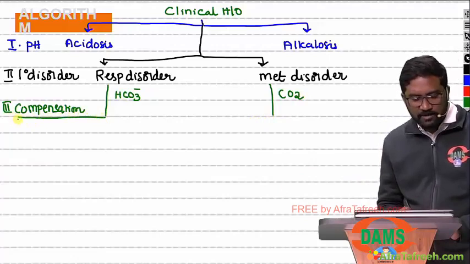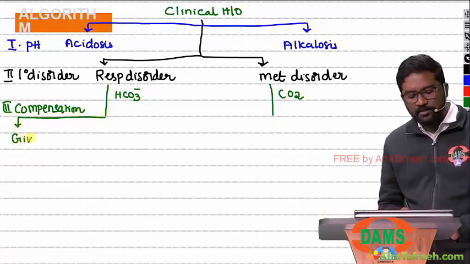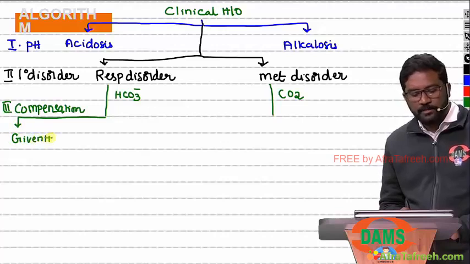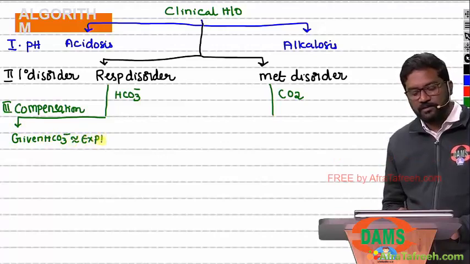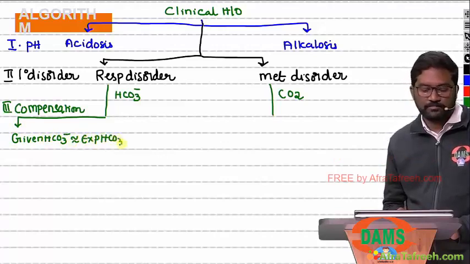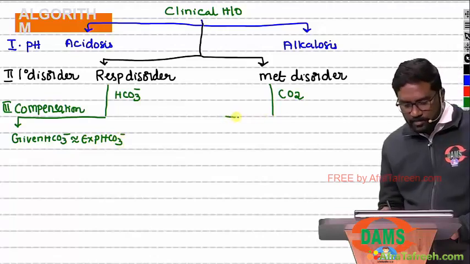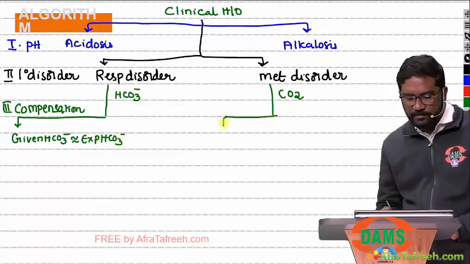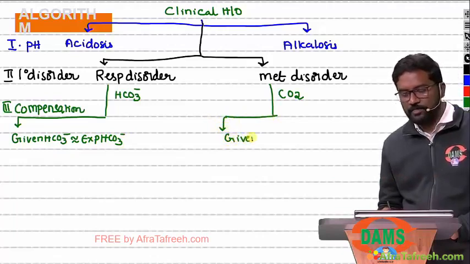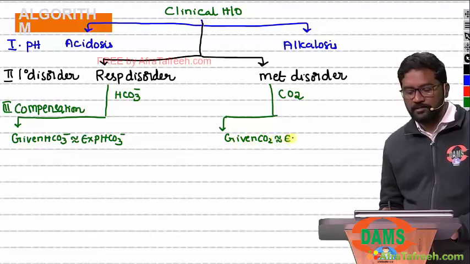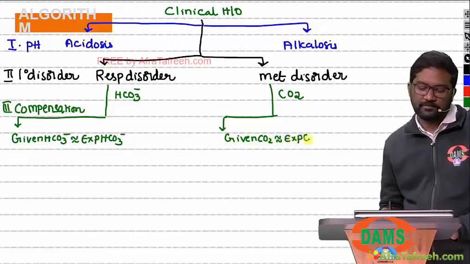In the majority of situations, the given bicarbonate in the question will be correlating with the expected bicarbonate. On this side also, the given CO2 in the question will be correlating with the expected CO2.